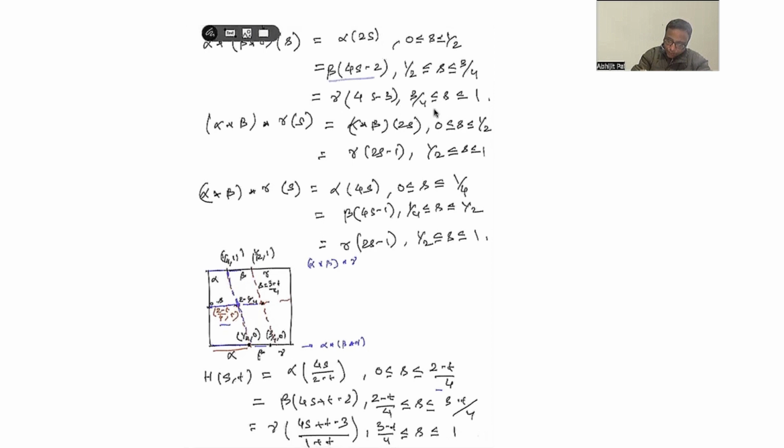So beta of 4s minus 2, where s is varying from half to 3 by 4, and then equal to gamma of 4s minus 3, where s is varying from 3 by 4 to 1. So similarly, I have an expression for the other path.